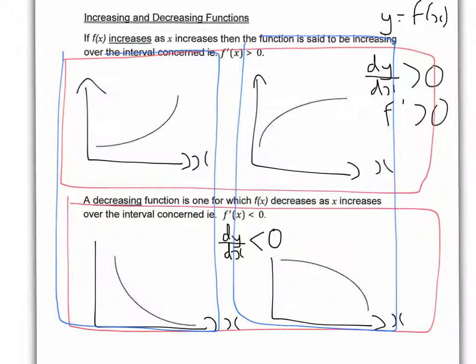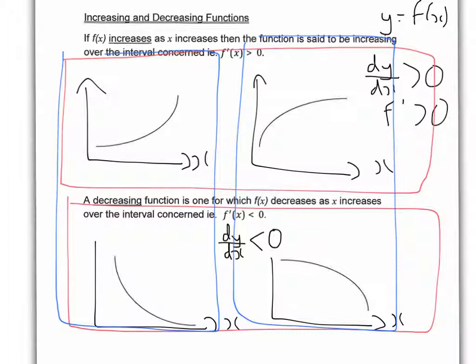These graphs here are not very interesting because this one is always increasing, this one is always increasing, this one is always decreasing, this one's always decreasing. In a second, we're going to see some functions where you have to determine when it's increasing and when it's decreasing. Something to note in advance is if something's going to change from being increasing to being decreasing, there must be a point in between where it's got a gradient of 0.